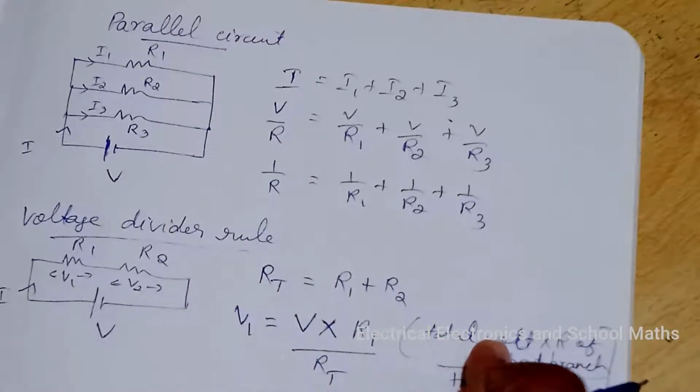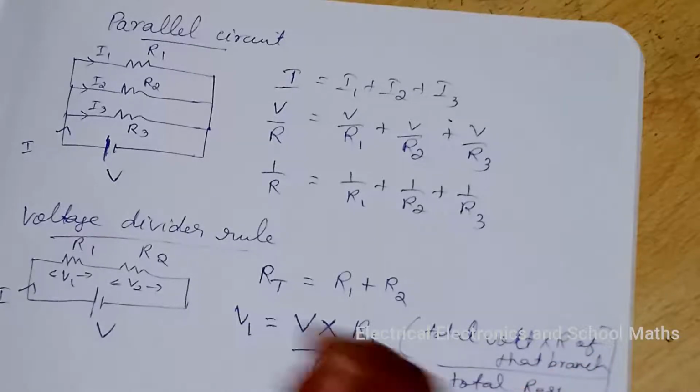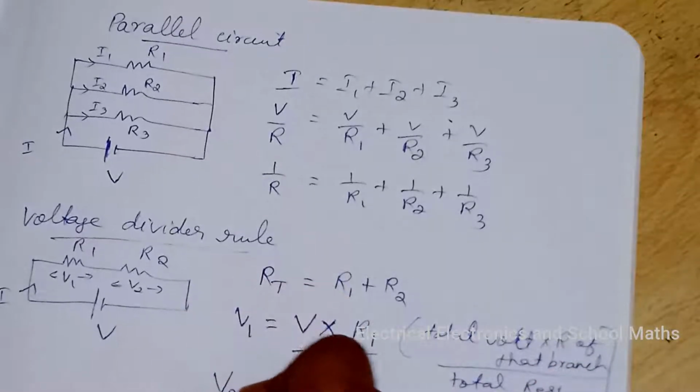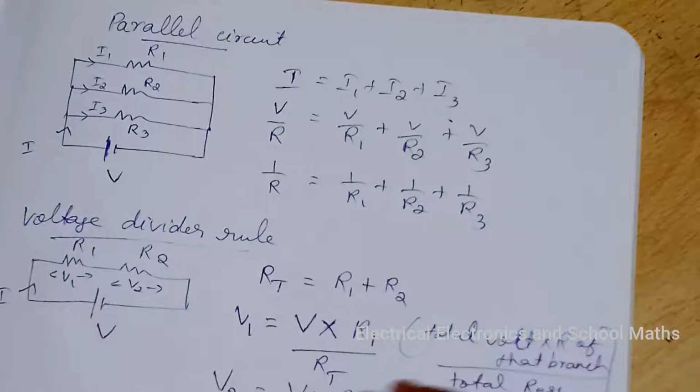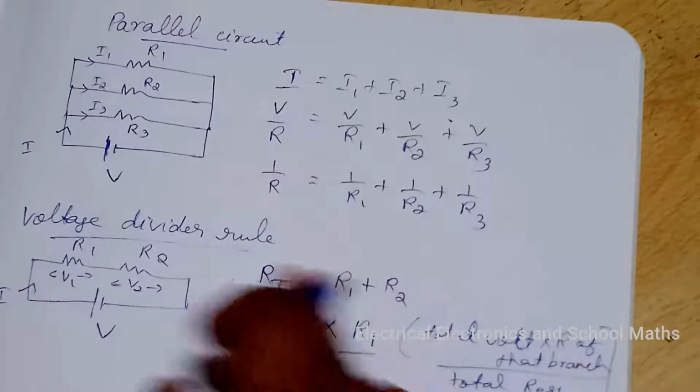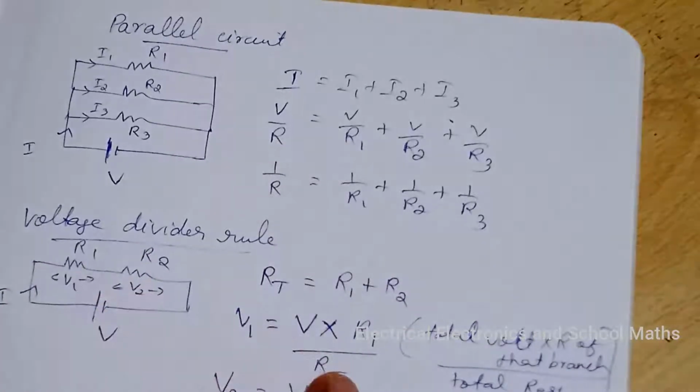Similarly, V2 is equal to the total voltage V into the resistance of that branch, R2, divided by the total resistance. The total resistance is R1 plus R2 in the case of a series circuit.